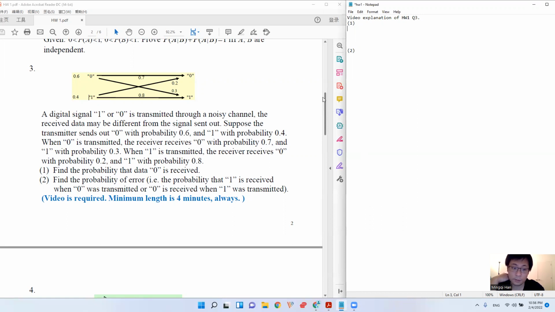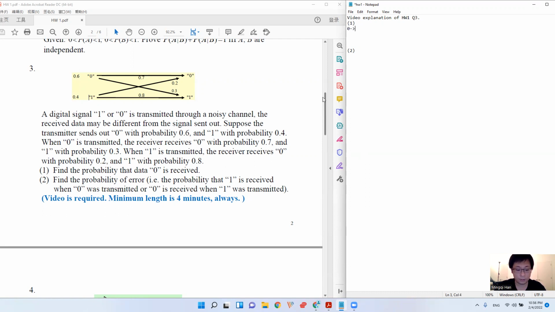The other one is receiving a 1 from the input and mistakenly getting a 0 as an output. That's pretty much what we need to calculate.